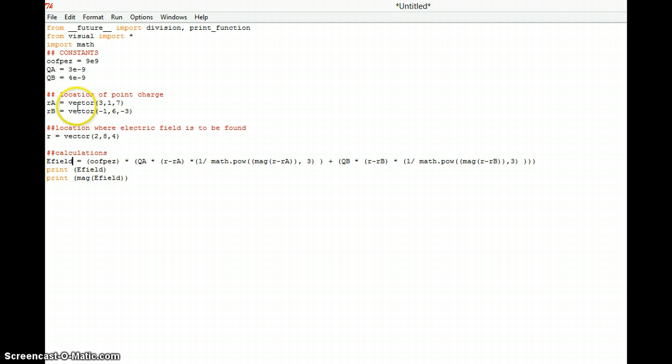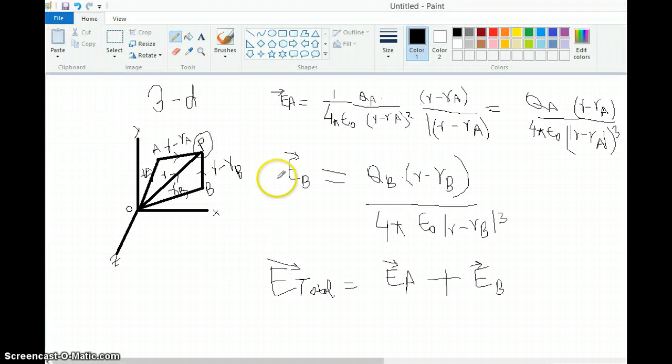Similarly, I'm supposing a vector RA to be 3, 1, 7 in the space. Similarly, another vector RB, minus 1, 6, minus 7. Do you remember these RA and RB represent this A and this B. So this is basically QA, and this charge is QB.